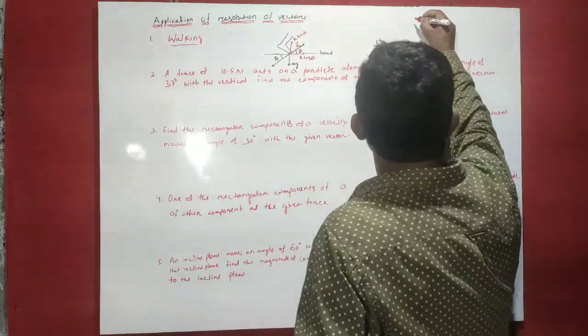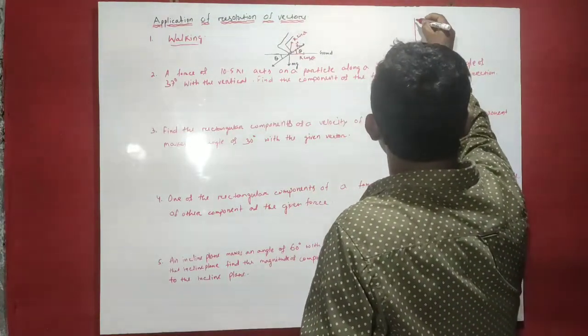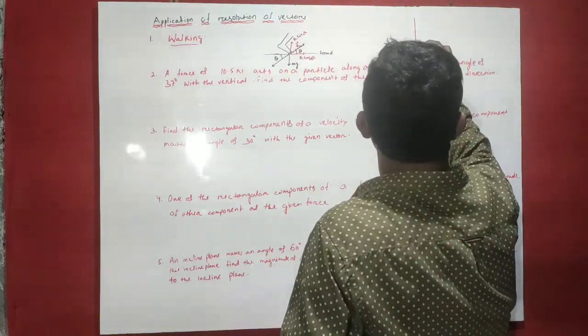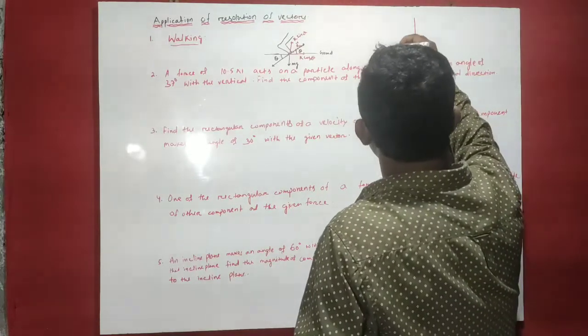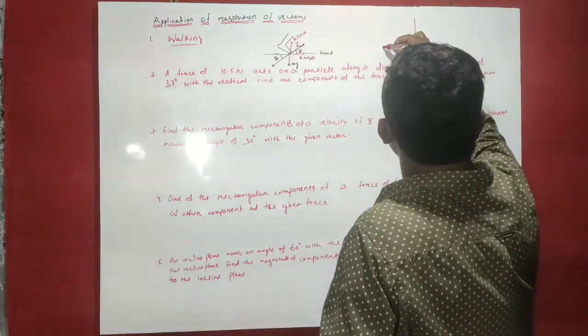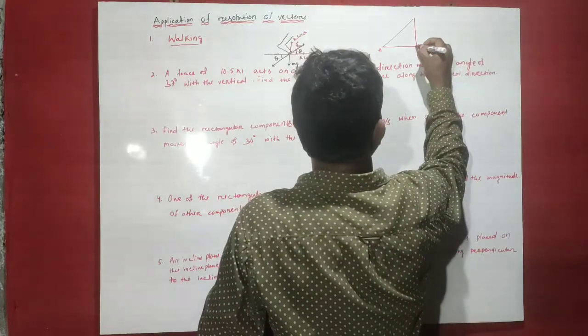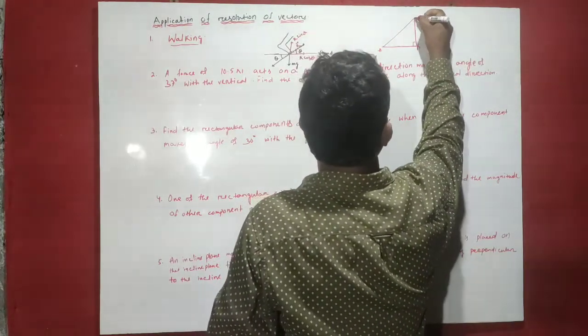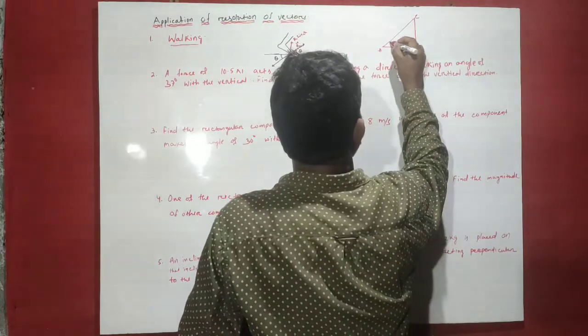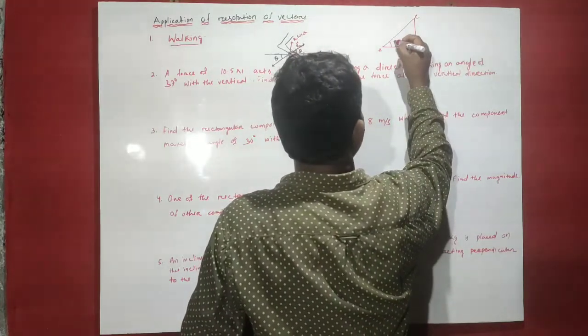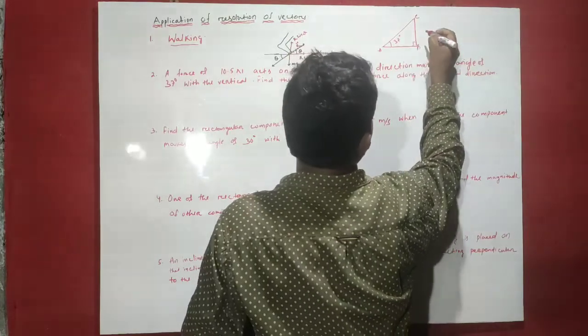Take a triangle ABC, where B is the right angle and angle A is equal to 37 degree.